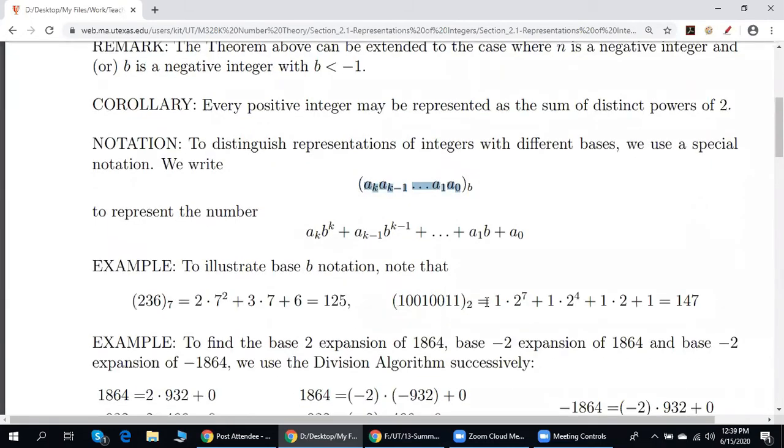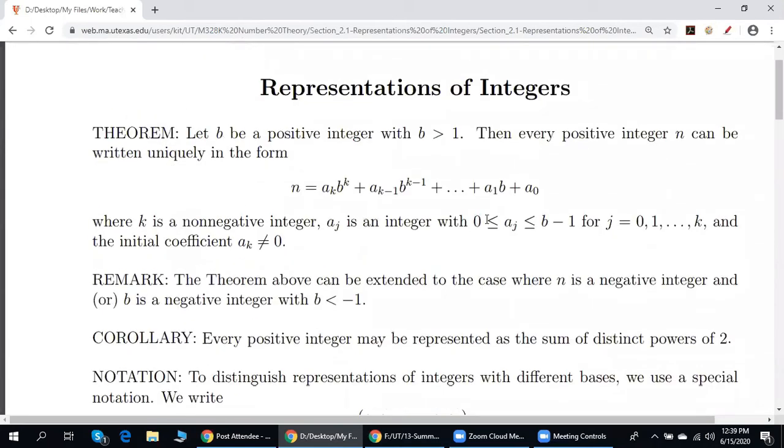Let me give you the following illustration. 125 can be written as 2 times 7 squared plus 3 times 7 plus 6. Note that each of these numbers, 2, 3, and 6, satisfies this double inequality.